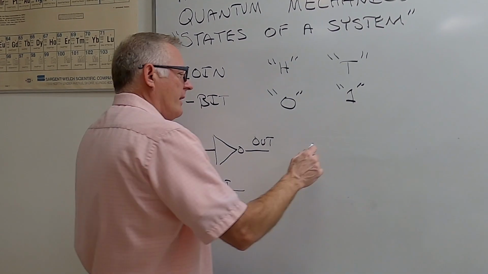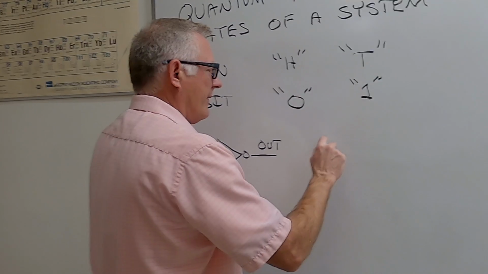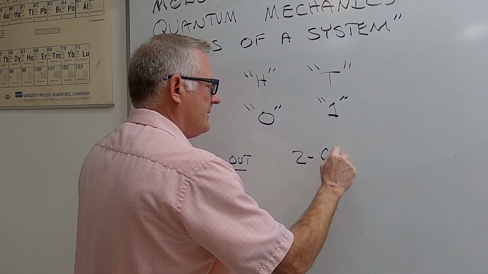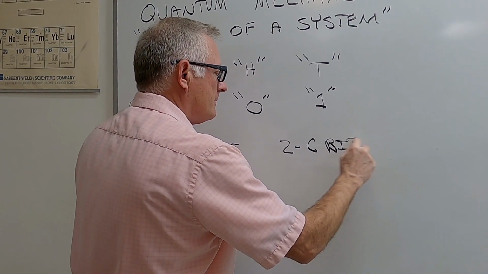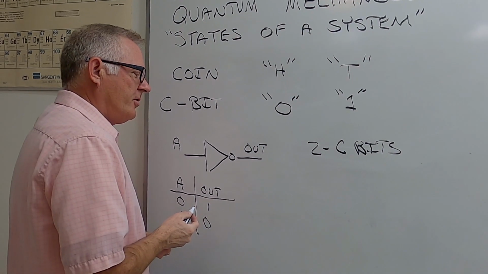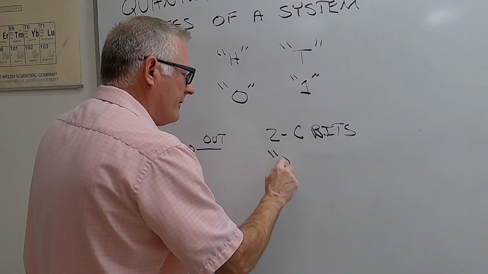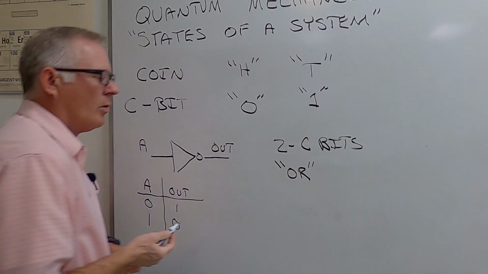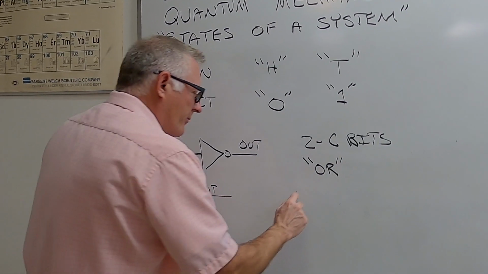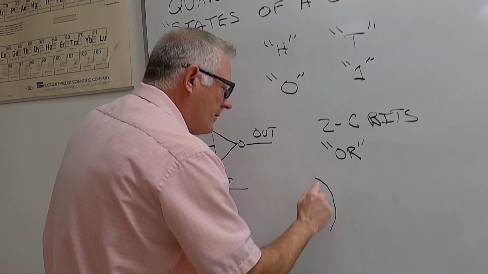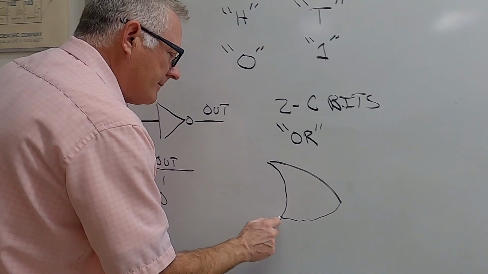If we have two C bits, we could do something, say, OR. We could OR them together. The symbol for that looks something like this.